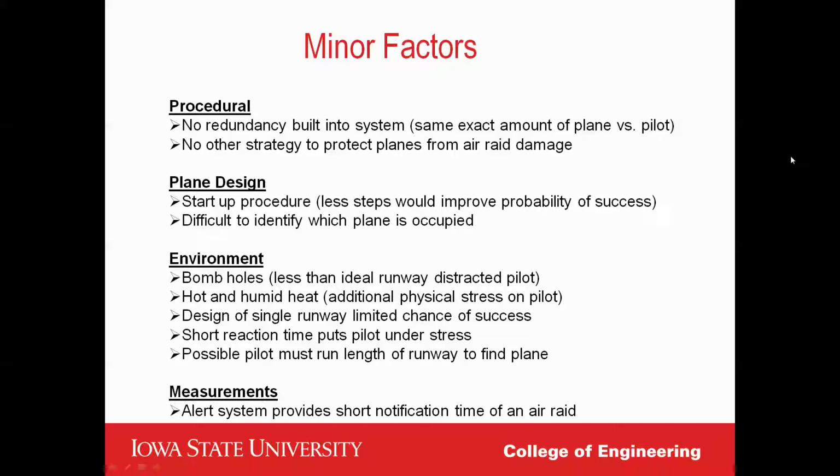So if anything happens to an existing plane, there is no additional plane that the pilot could use to fly. Also, there's no backup strategy, or I would simply call it, no plan B, from what was discussed in the case study to protect the planes from air raid damage. In this situation, the pilots were scrambling, but there wasn't any plan B or fallback plan discussed.